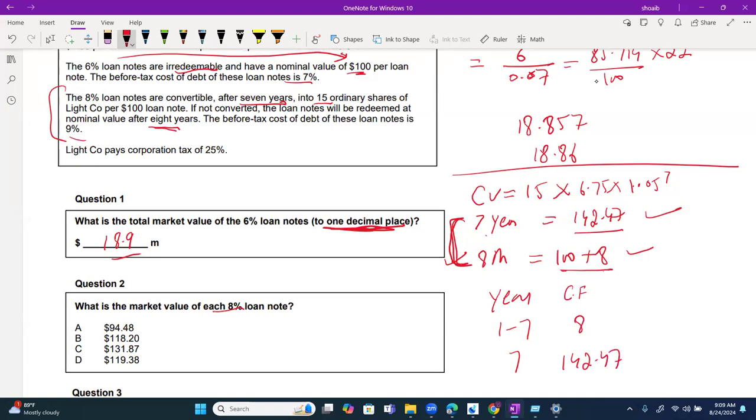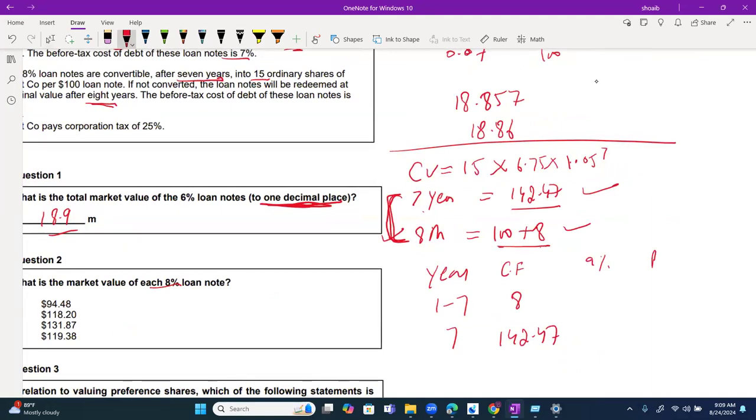Discount factor is 9%. 1.09 raised to power 7. 5.66 into 8. 142.47. 123.23. Okay, this is not the answer.